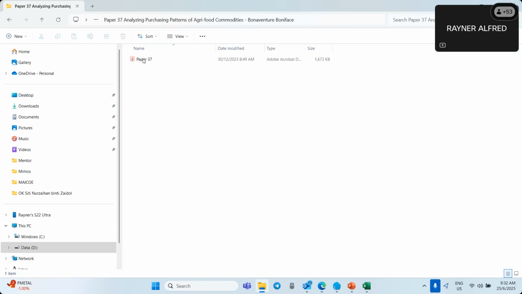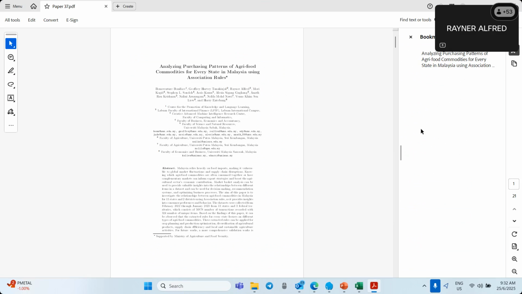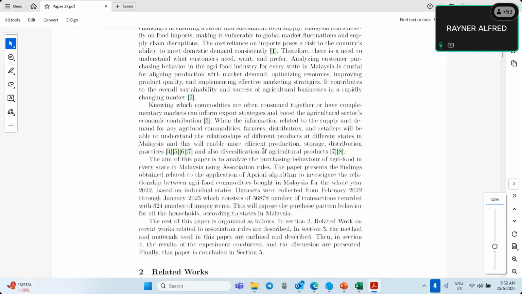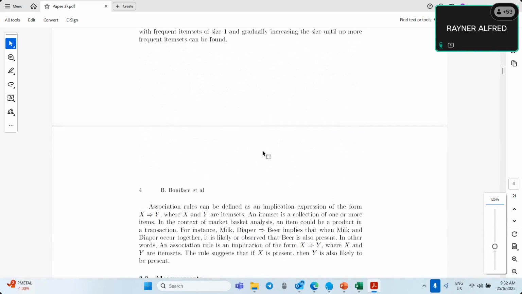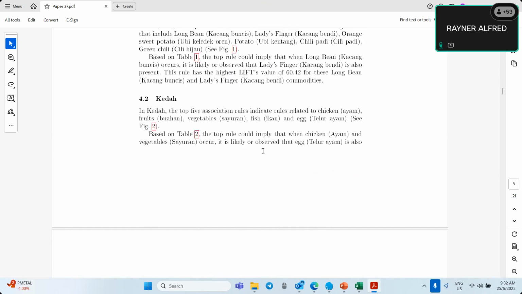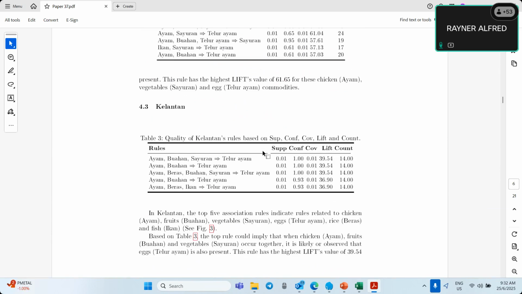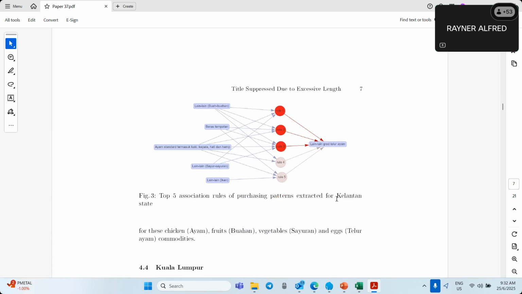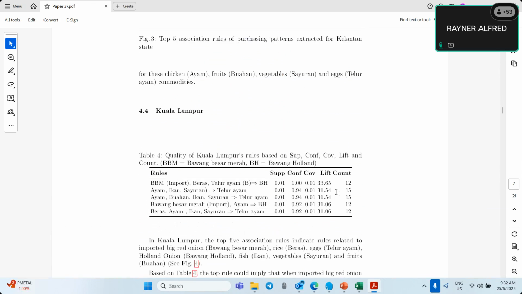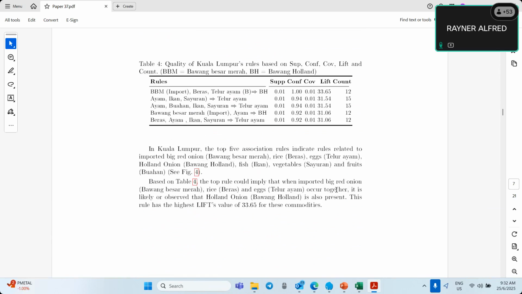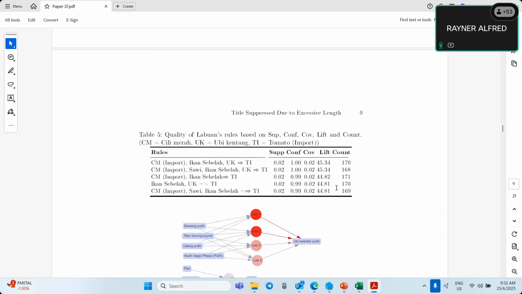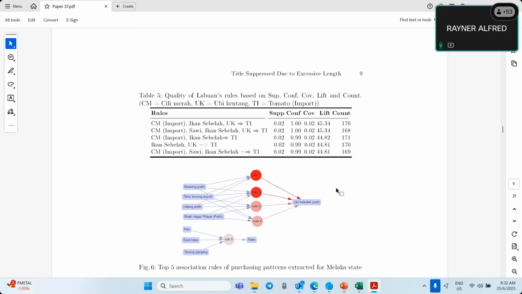This one is based on states. We break down our analysis further into states. We are using the same data set, but this is for Kelantan, Kuala Lumpur, and many more. Each state will have different rules, which is quite interesting.